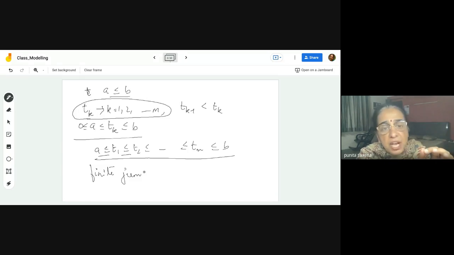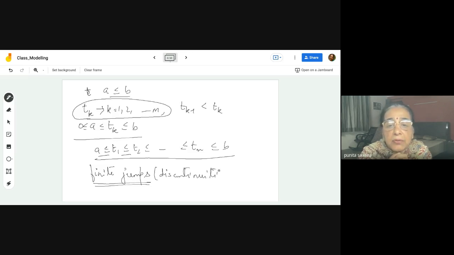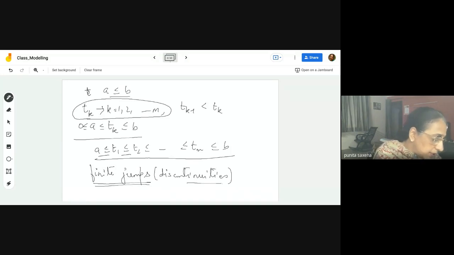That means there is a jump. So the only thing we have to be careful about is that the function has a finite number of jumps, and these jumps will be your finite number of discontinuities. If this happens, then the function is said to be a piecewise continuous function.